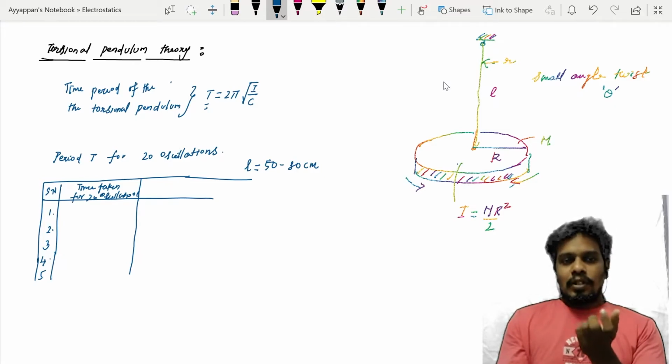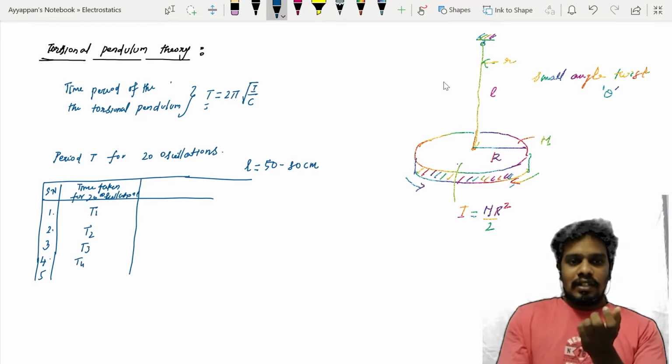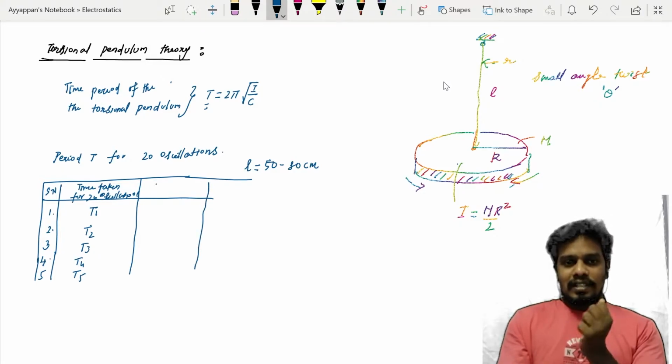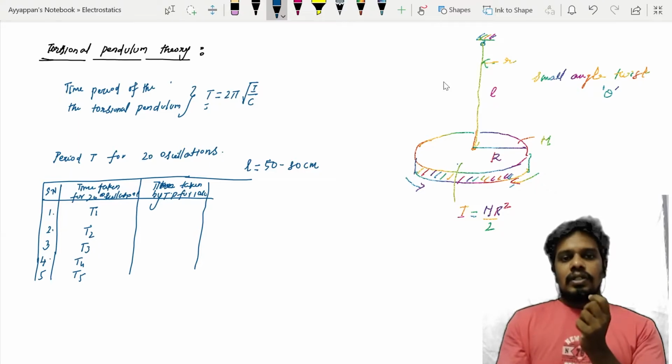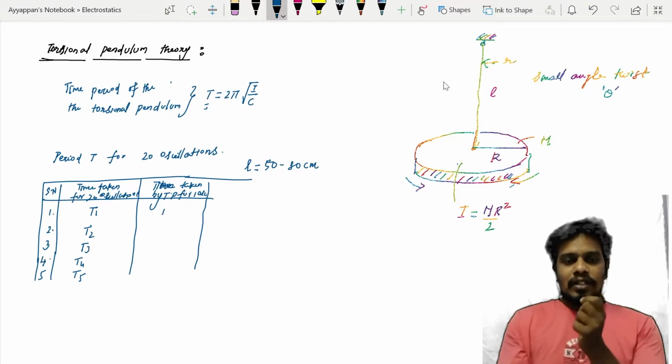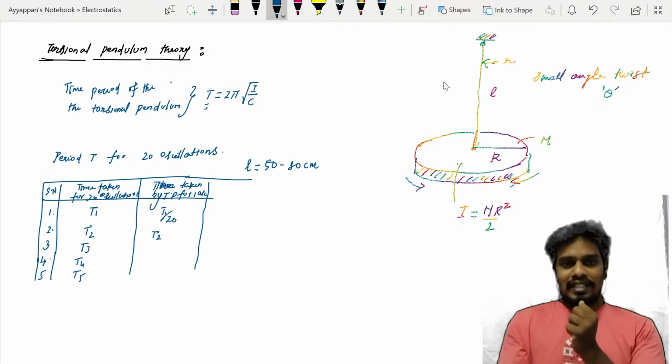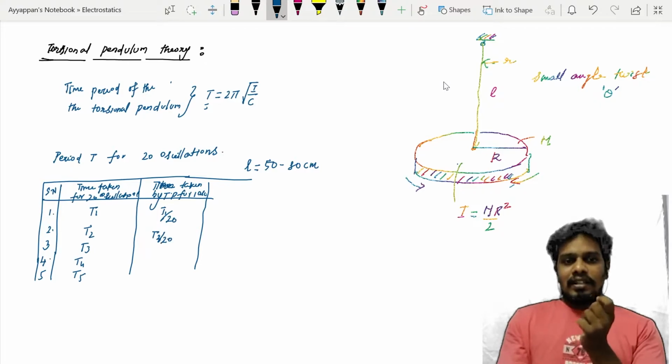Suppose it gives some quantity T1 for the first trial, T2, T3, T4, and T5. Then you can find the time period for one oscillation, the time taken by the torsional pendulum Tp for one oscillation. If you are making 20 oscillations, then T1 by 20, and for the second trial T2 by 20, third trial T3 by 20, and it will go on.